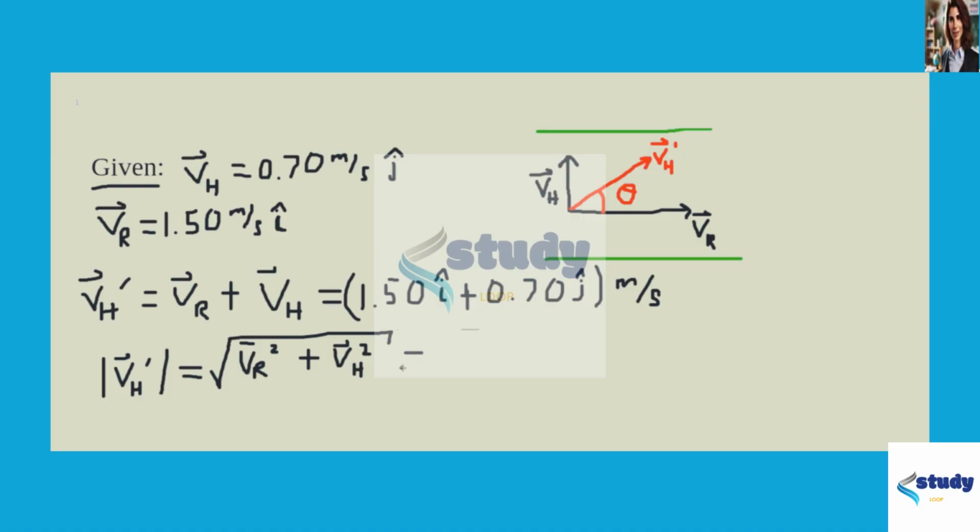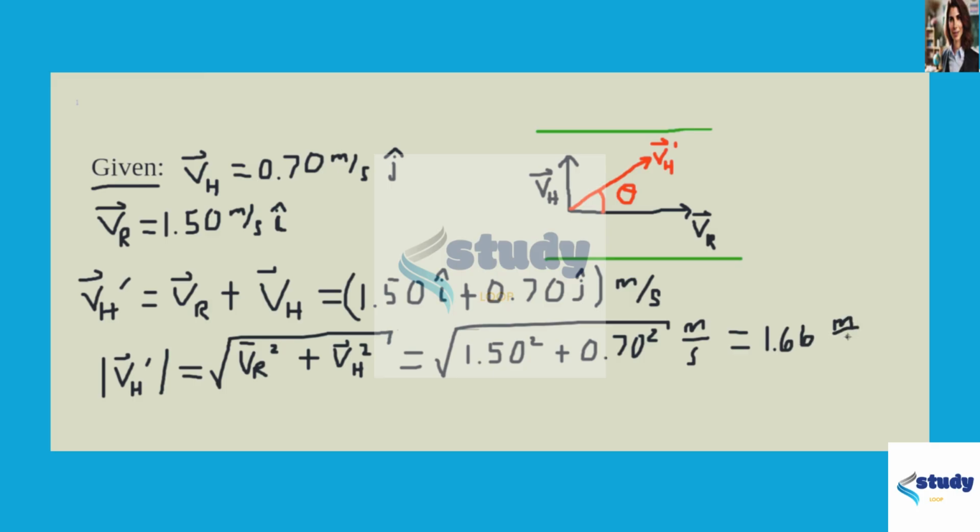So if we plug in those values, we find that this is the square root of 1.50 squared plus 0.70 squared. Of course, this is in meters per second. If we plug these in, we find that this equals 1.66 meters per second. Lock that in, that's our magnitude.